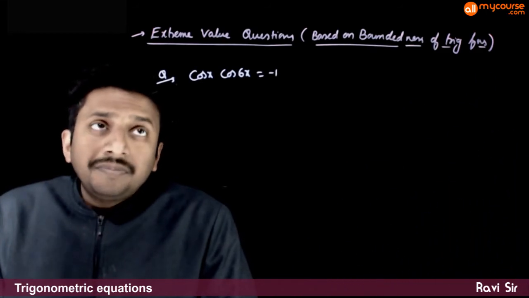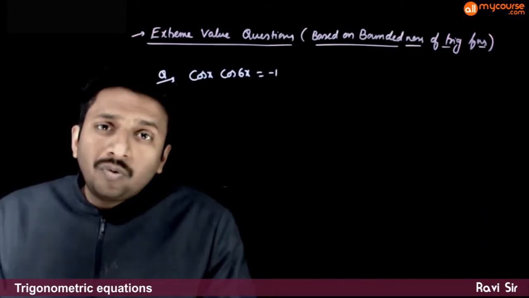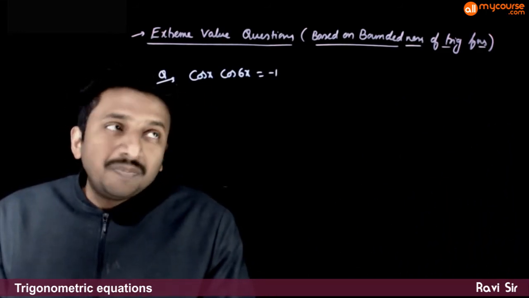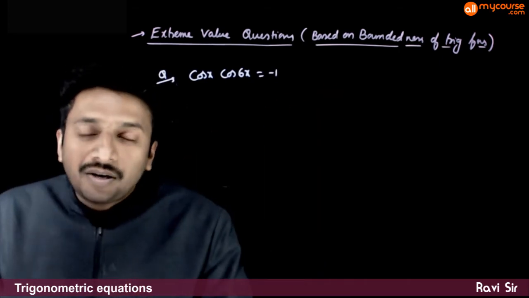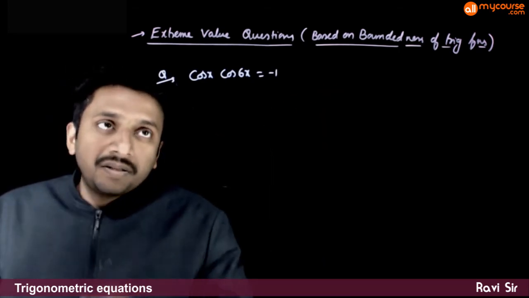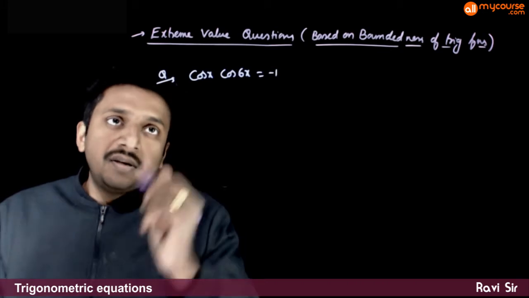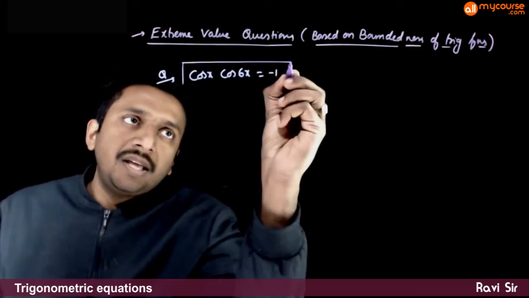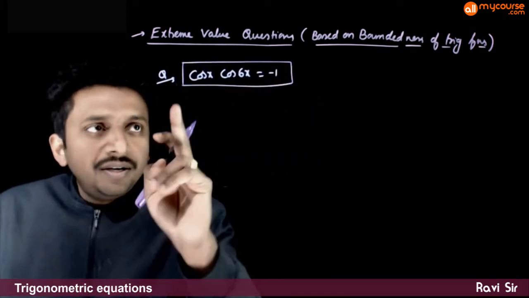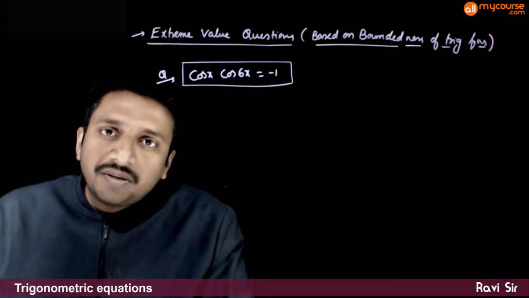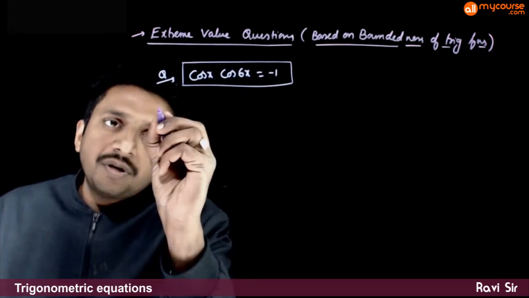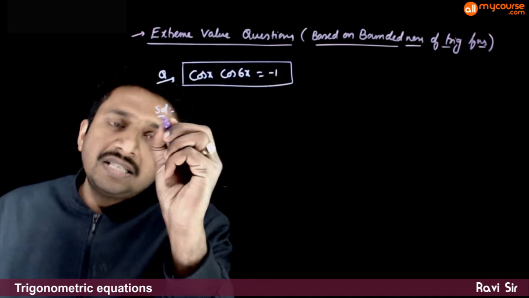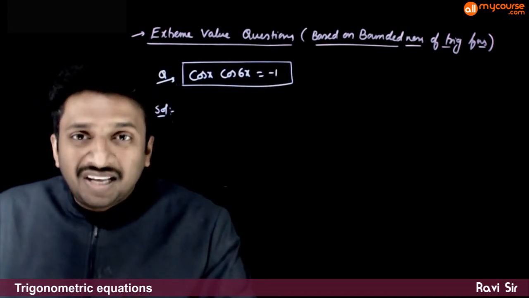So in this video, let us look at extreme value questions or questions based on boundedness of trigonometric functions. So the first question that we're going to see is, you need to solve the equation cos x into cos 6x is equal to minus 1. So how do we solve this? To solve this directly will be a very hectic task.